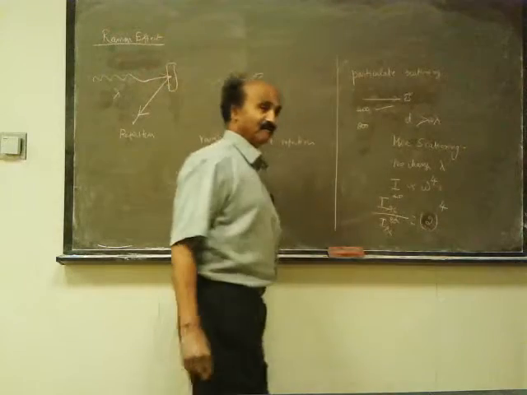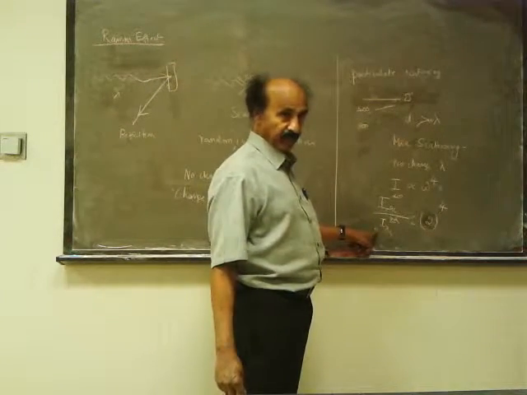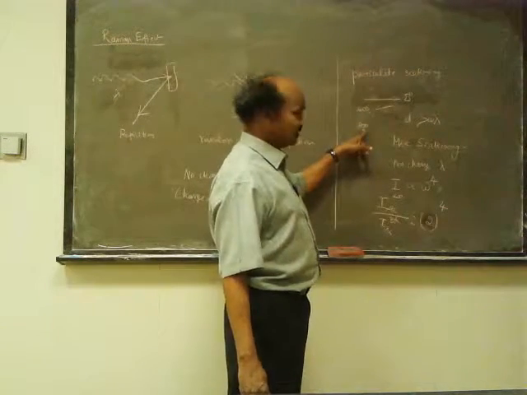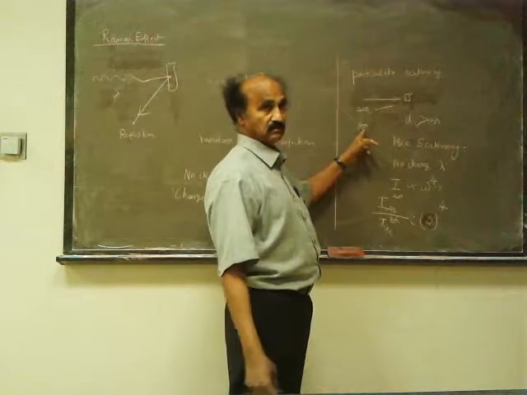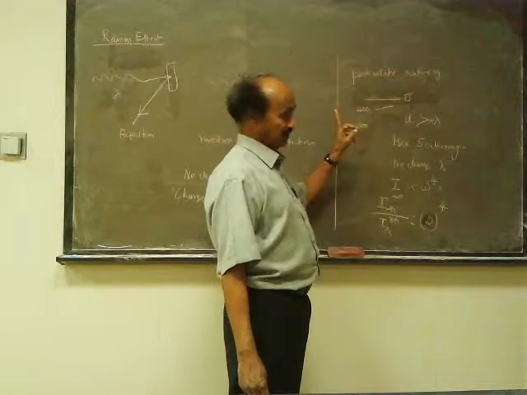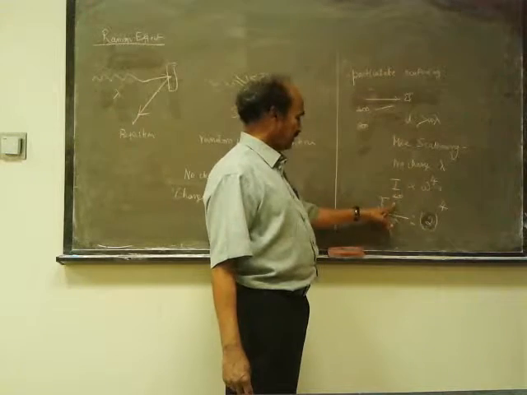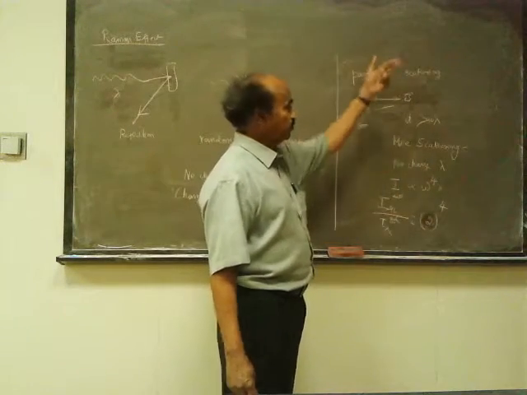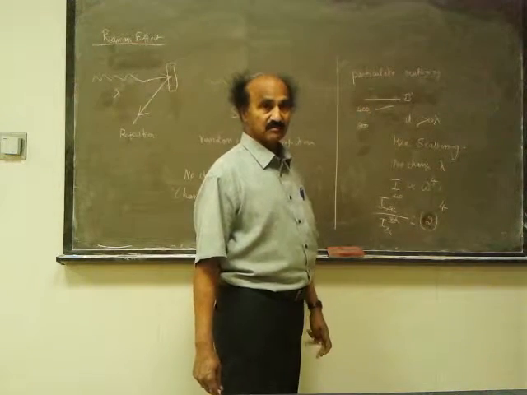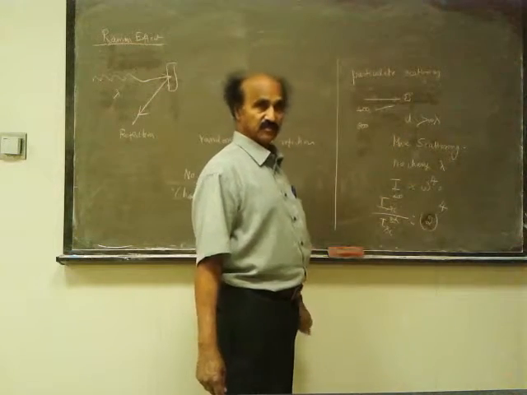You understand? The frequency of the 400 is 2 times greater than this one. Wavelength is 2 times more, frequency is 2 times less. So the intensity of scattered light at 400 divided by that at 800 will be 2 power 4, so it will be very high. 2 times 2 times 2 times 2, 16 times.